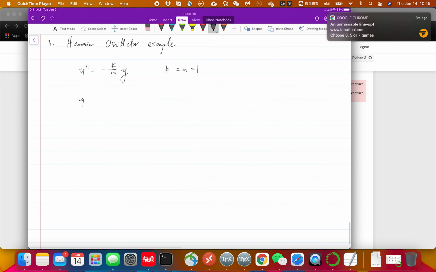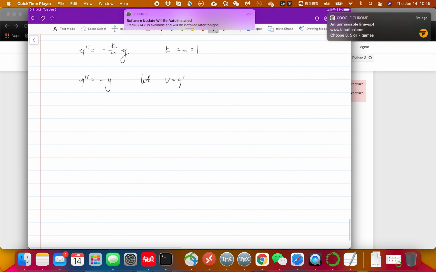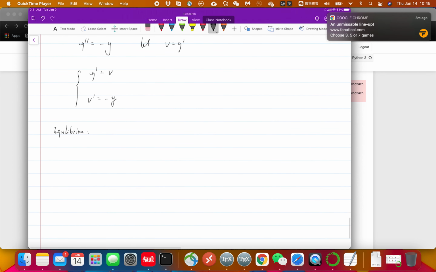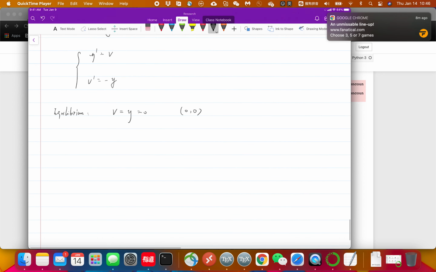Then we have y prime prime equals negative y. Let v equals y prime, we will have y prime equals v, and v prime equals negative y. Okay, equilibrium: v equals y equals 0. So 0, 0 is my equilibrium.